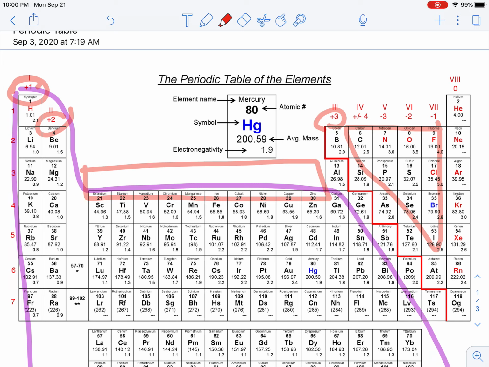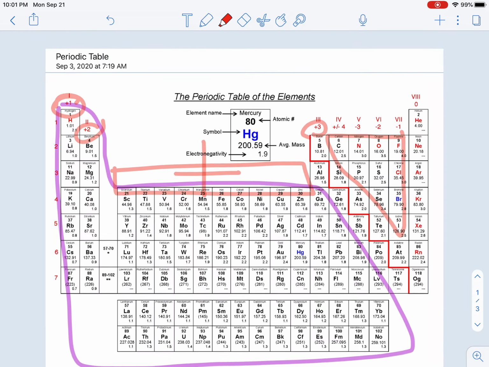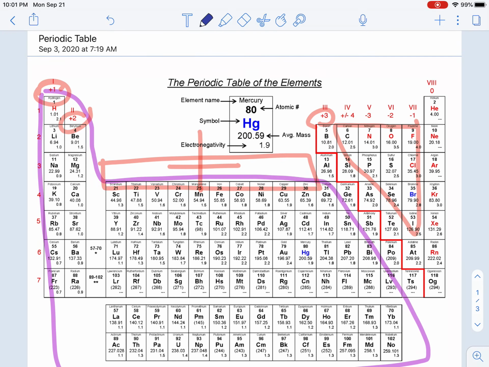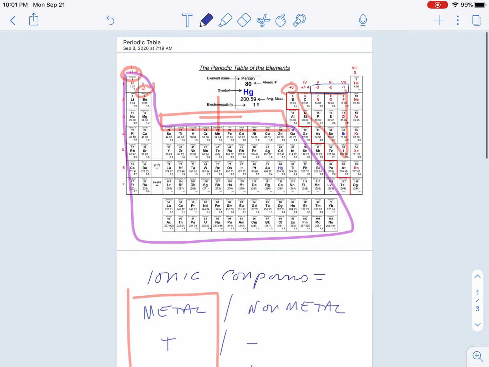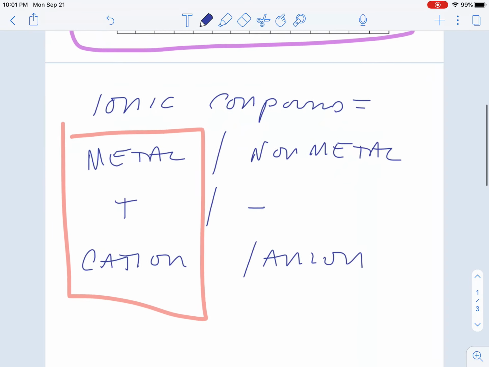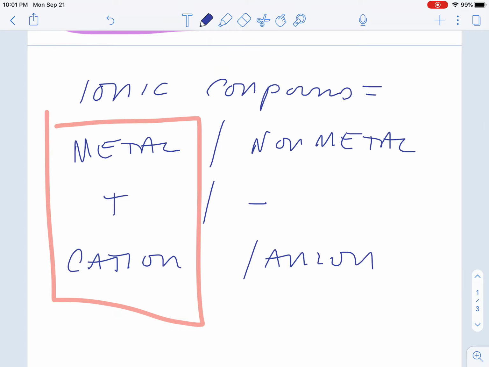So we're not really going to worry about those right now. We will worry about them when we get to naming and formulas, but you do have to understand that these are all positive, just generally speaking. And then over on the other side, you do have your negatives here. So metals become positive, cations, nonmetals become negative, anions.